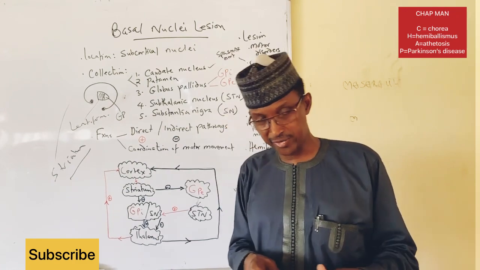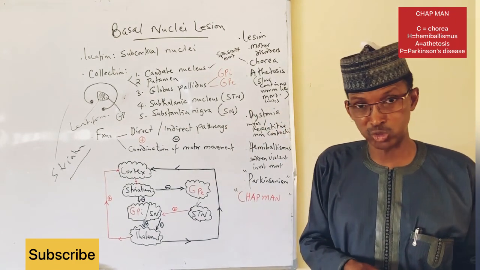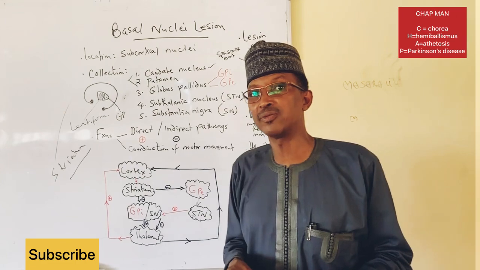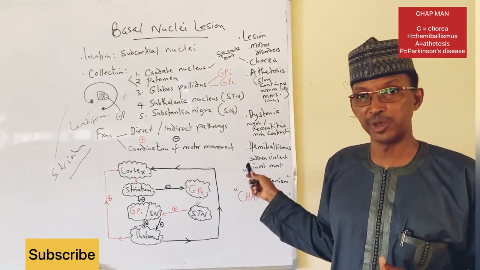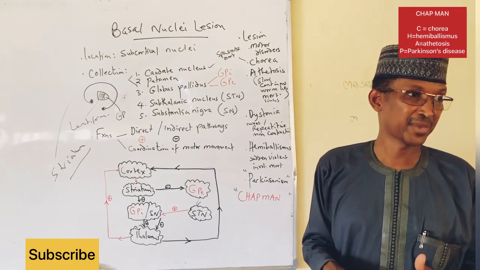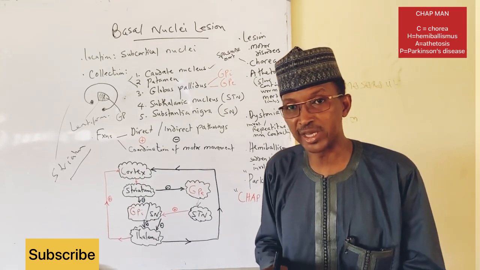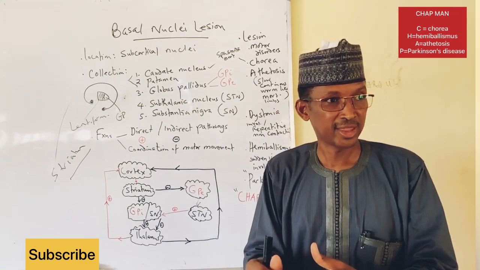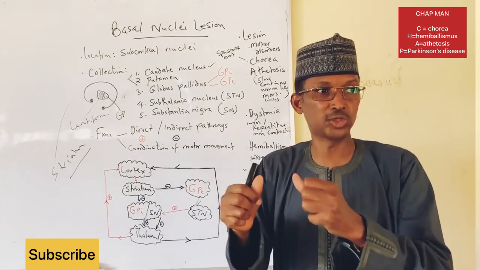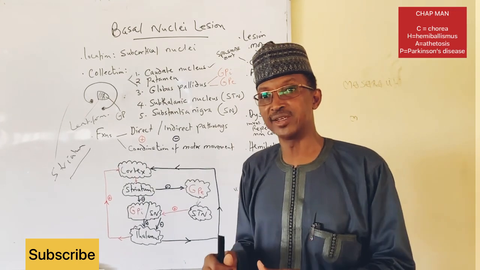So there is difficulty in initiating and stopping motor movement. And there is one very peculiar gait that these Parkinson people have, what you call shuffling gait. You see them as they start walking, as if they have been pushed, stop, pushed, and then they continue like that. That's what you call shuffling gait.